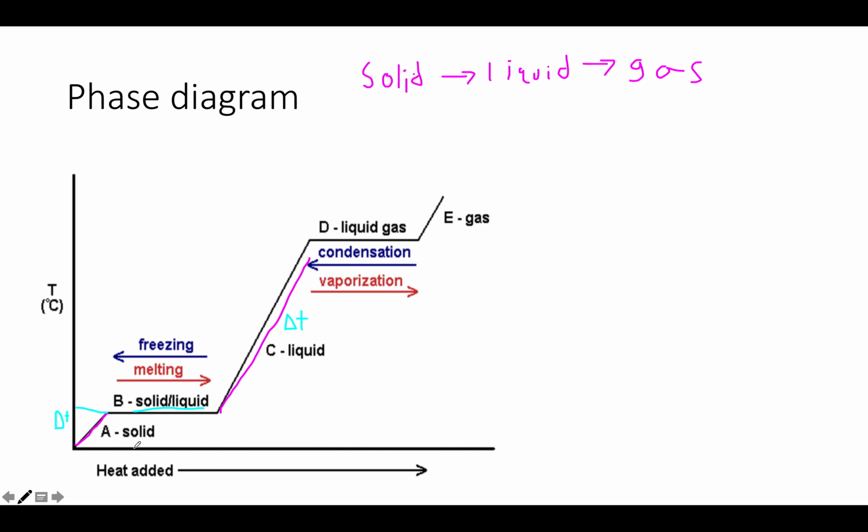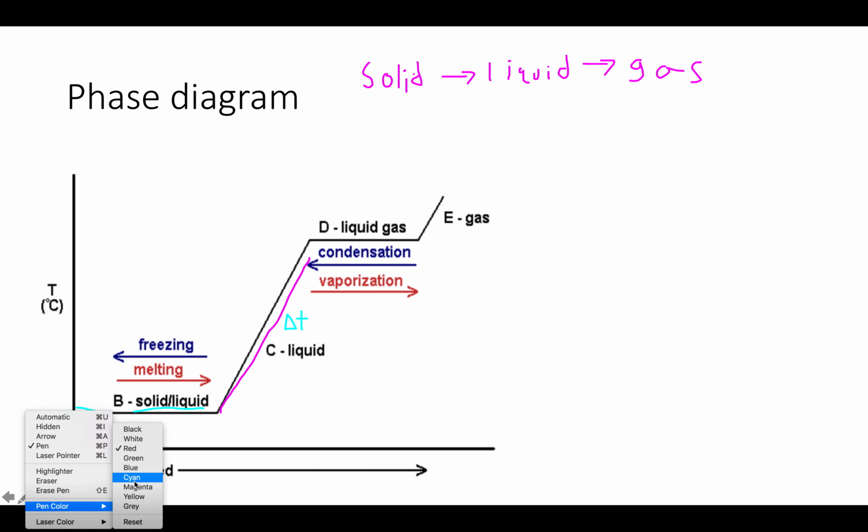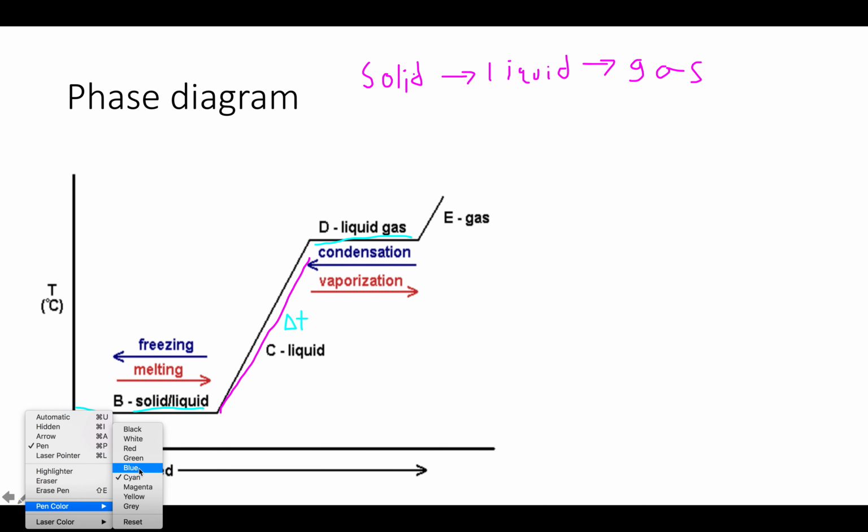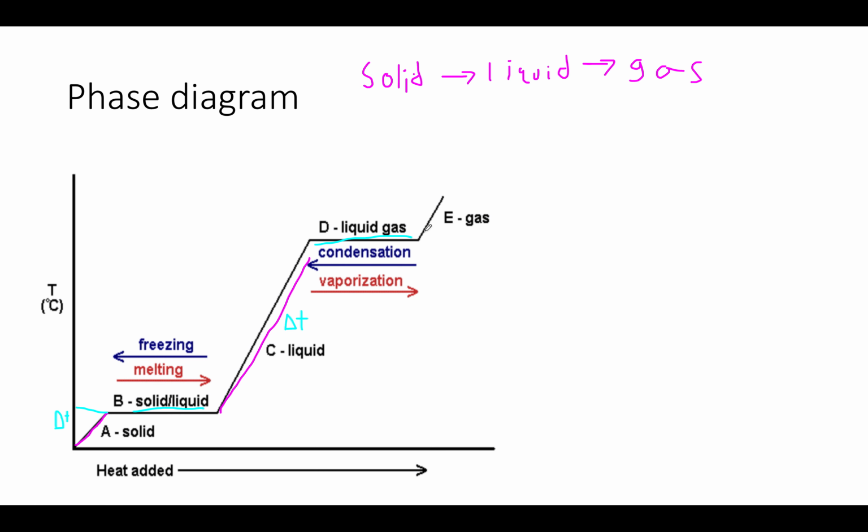Then it's back into this multi-part phase. It's a liquid and a gas at the same time. Temperature is constant, so no change in temperature. And then finally, we're straight into a gas. And that is the end of the phase change.